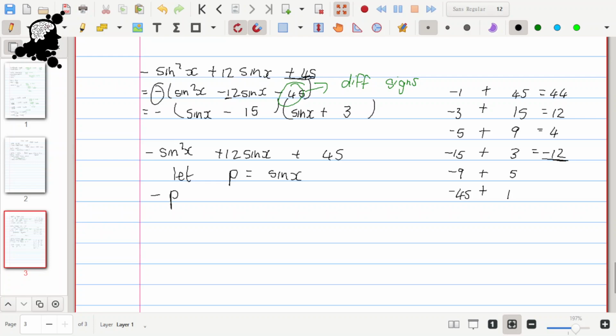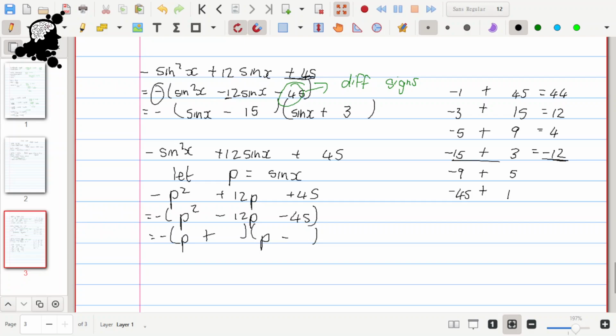You will have negative p squared plus 12p plus 45, which again you can take out a negative 1 as a common factor. So this is p squared minus 12p minus 45. And you will end up here with two sets of brackets where you've got p, let me put a plus, let me put a minus.